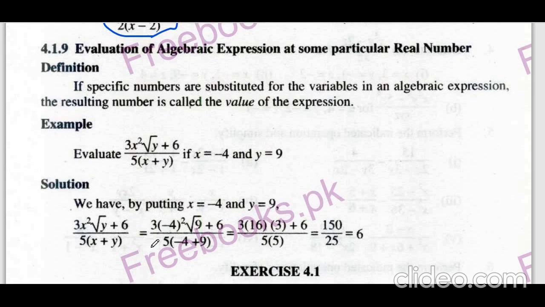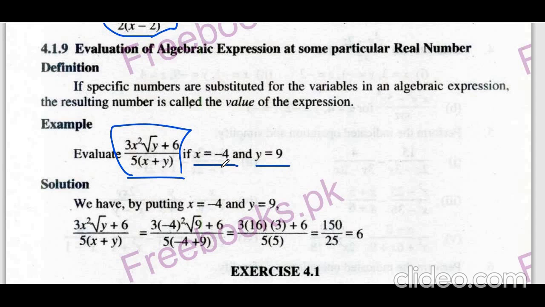If the question says evaluate this expression at x equals something and y equals something, you only put the values of x and y in the given expression, and you will get the answer. If specific numbers are substituted for the variables in an algebraic expression, the resulting number is called the value of the expression. For example, evaluate this expression if x equals minus 4 and y equals 9.